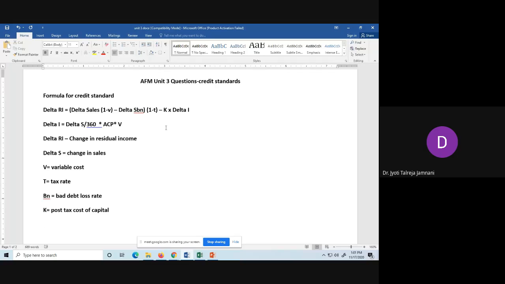Then delta I is equals to increase in investment. ACP is equals to average collection period.